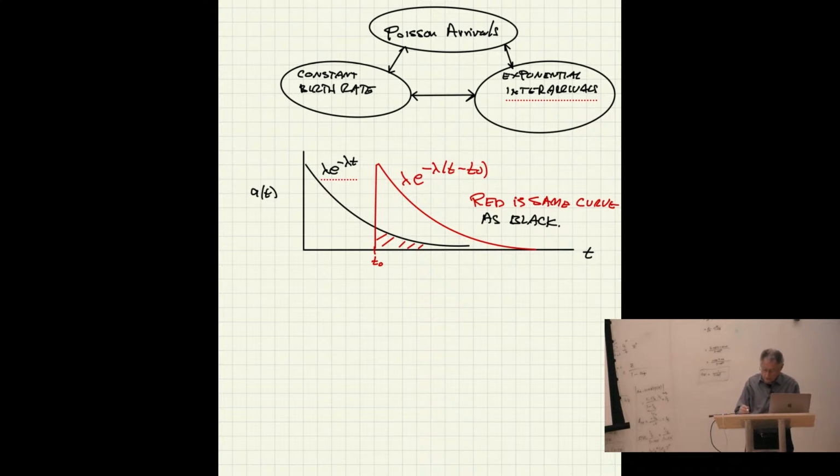So to write it in words, the exponential is the unique continuous distribution whose tail is itself.